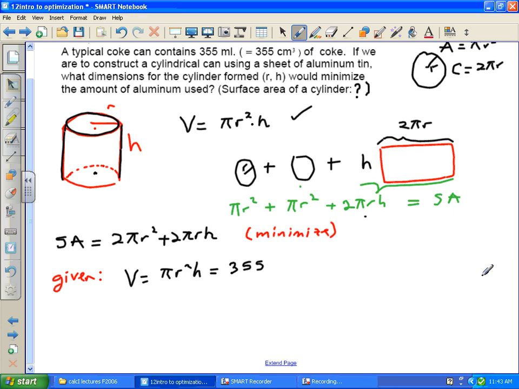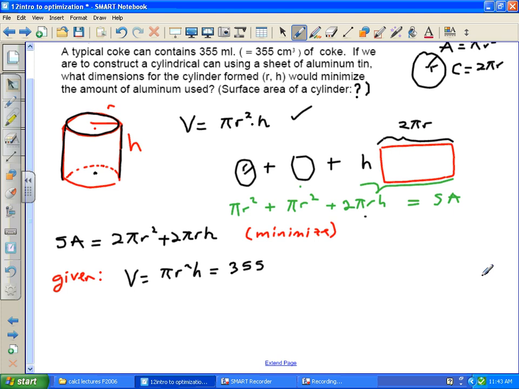Okay, let's go ahead and complete this question for the sake of our online students. Previously we had obtained the following information: the volume for this can is pi r squared h, and that is a given quantity.